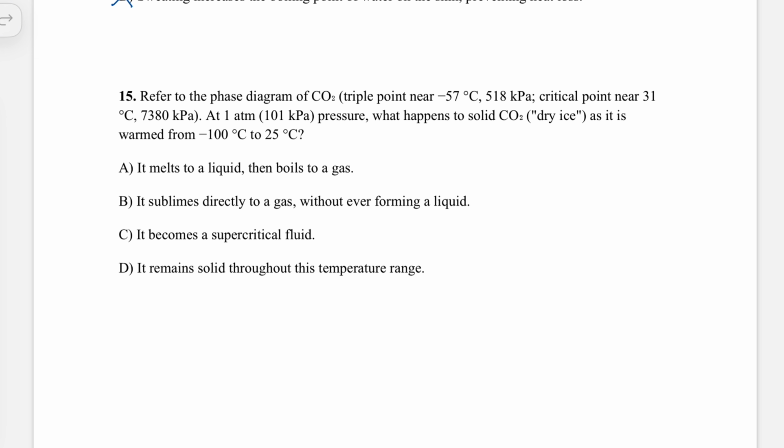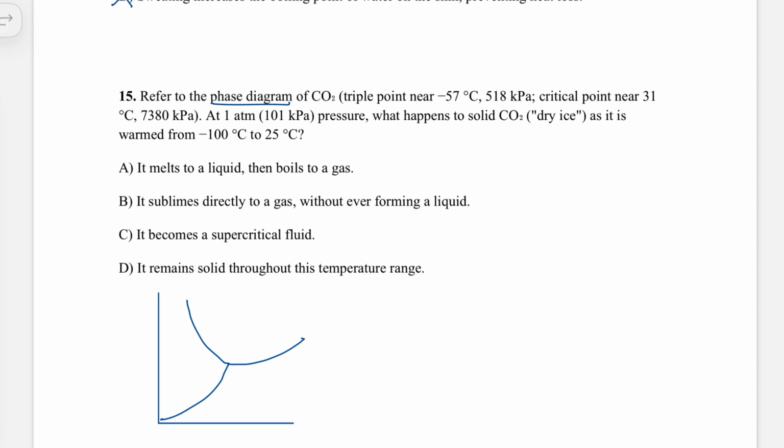Next, 15. Refer to the phase diagram of CO2 with a triple point at this point and a critical point at this point at 1 atm or 101 kilopascals pressure. What happens to solid CO2 as it is warmed from negative 100 degrees Celsius to 25? So this phase diagram that they're talking about is the little tree one that we saw, kind of like a tree or a Y. It will go up here and form kind of like a Y like that.